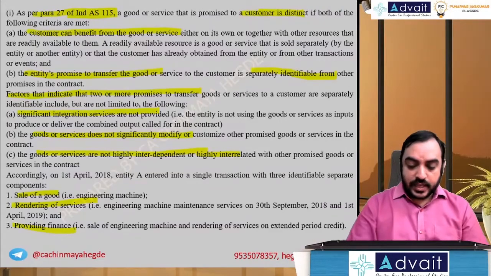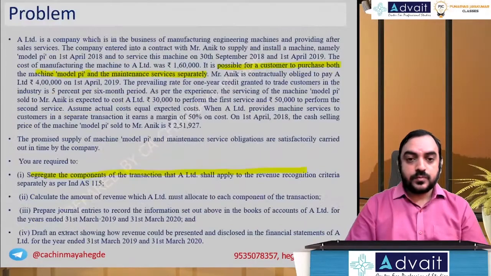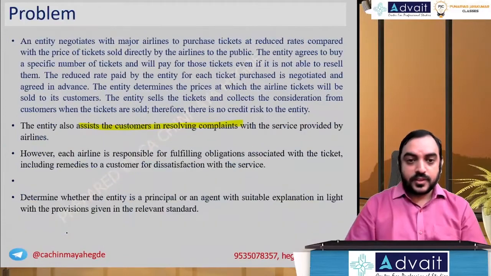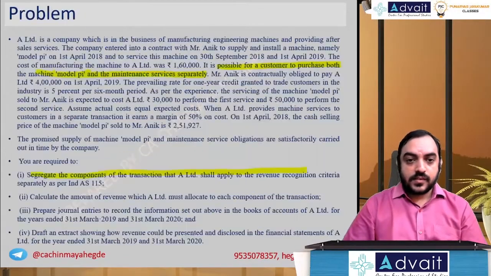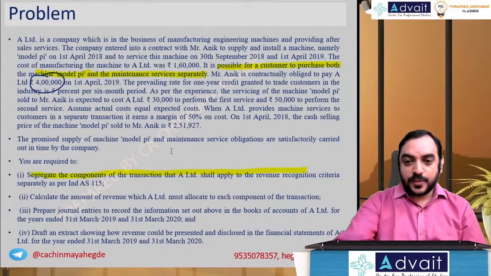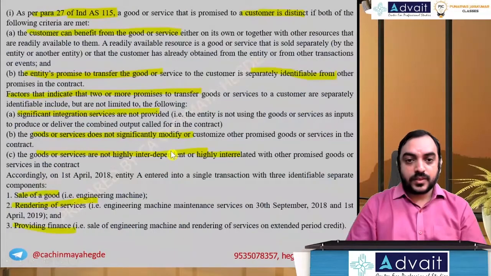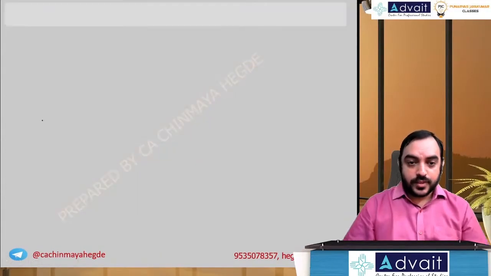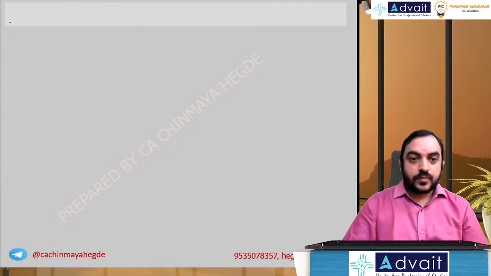Okay, let me show you the calculation part of it now. Actually, the total amount given is 4 lakh. Everything will add up to it perfectly. I'll show you how it adds up to 4 lakh perfectly. Okay, so second part of the calculation of each component.